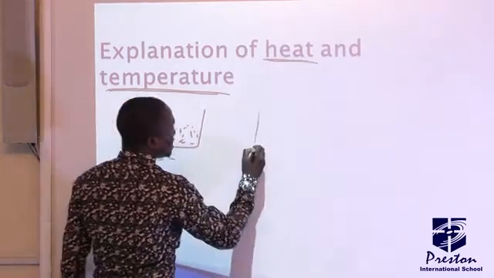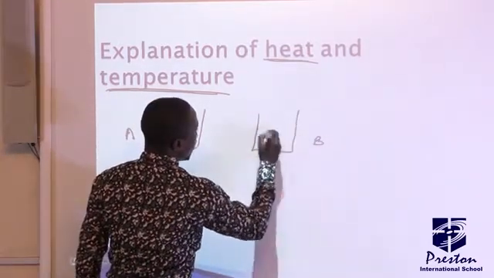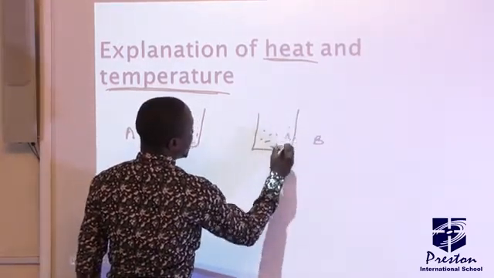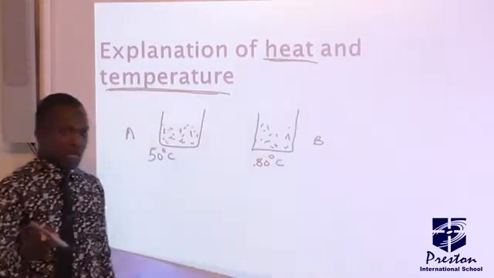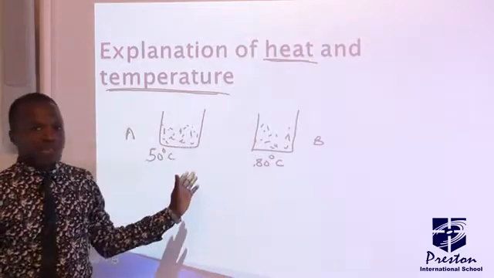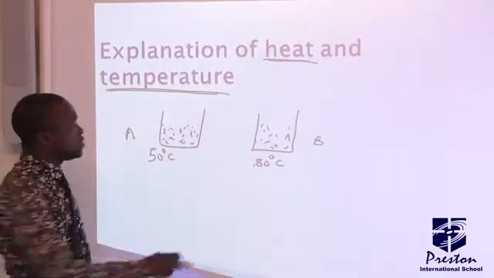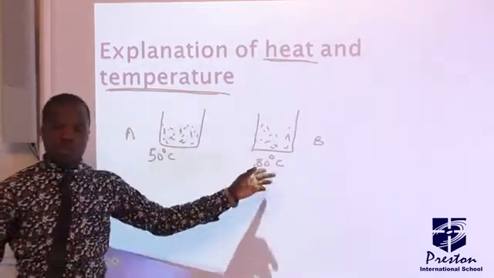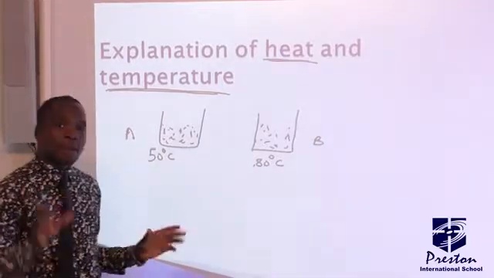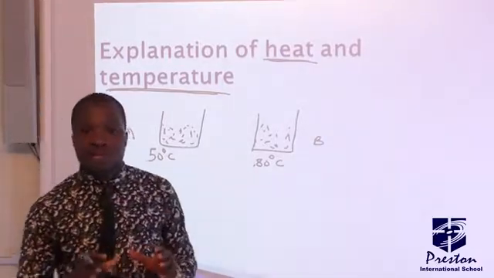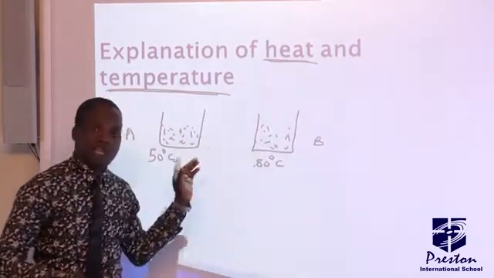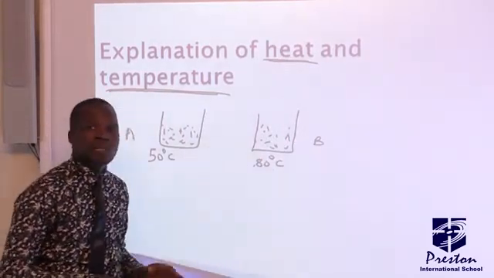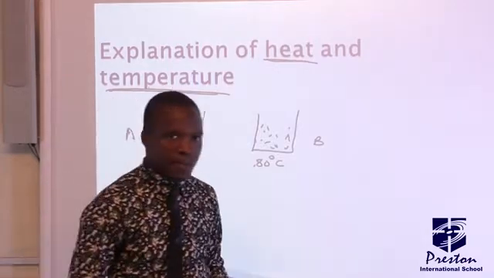Then you have another container, B, with liquid also at a different temperature, let's say 80 degrees Celsius. Between these two bodies, you expect a transfer of heat, and the heat will be transferred from the point of higher temperature to the lower temperature. At a point, the two bodies will have the same temperature. At that point, there will be no transfer of heat again between the two bodies, and we call it thermal equilibrium.